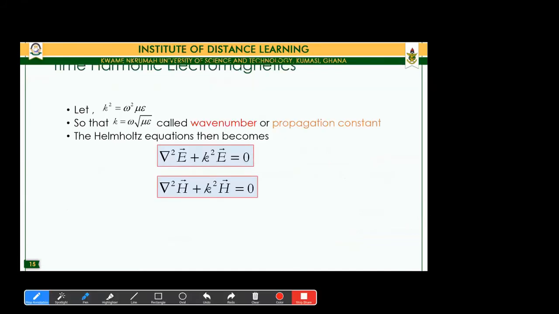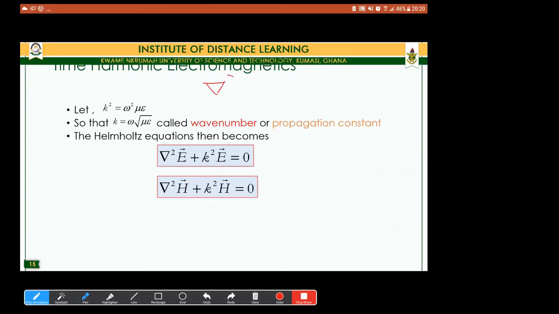So what we had was del squared E plus omega squared mu epsilon E equals 0, and for H, del squared H plus omega squared mu epsilon H equals 0.